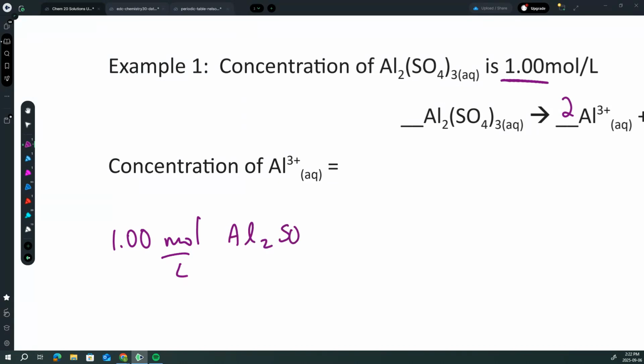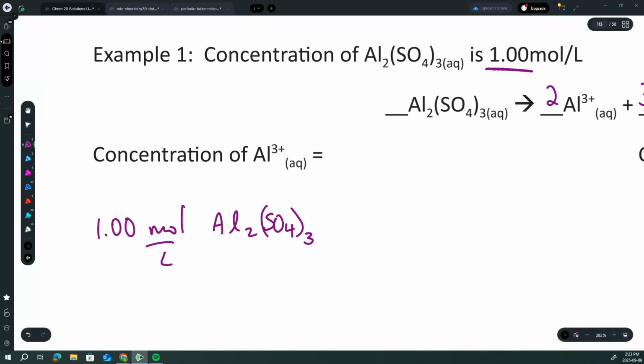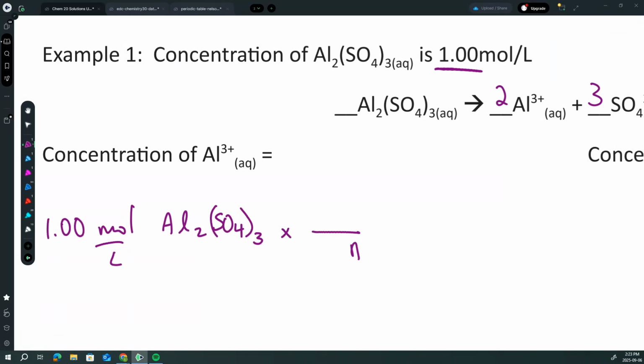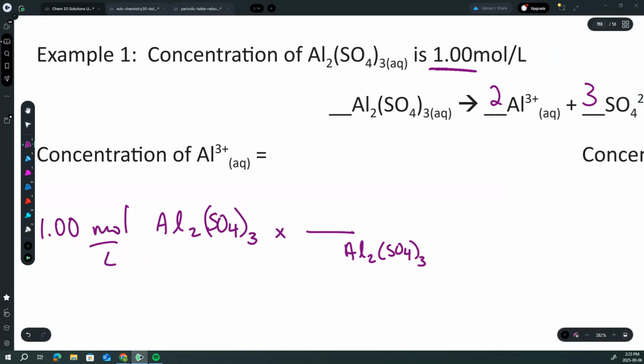I'm just writing the identity of the substance so you can see why the mole ratio works out. You always write out what you're given first and then go times by a fraction sign. What we're given is aluminum sulfate, and the coefficient for that is just 1.